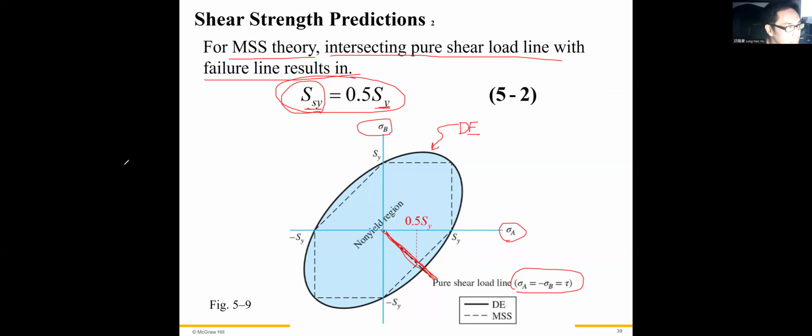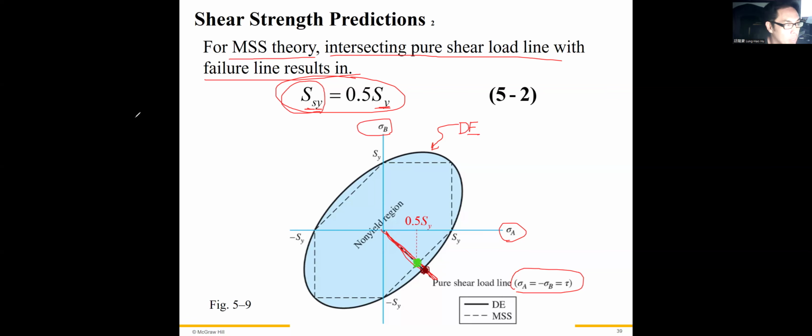Then there's an intercept with the maximum shear stress envelope right here, and there's the other intercept with the distortion energy method right here, right?